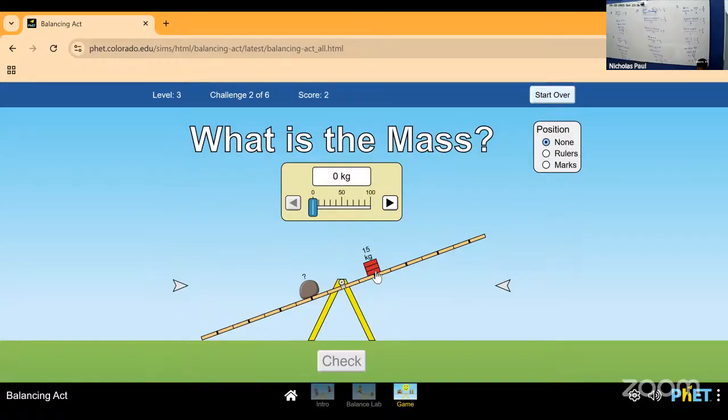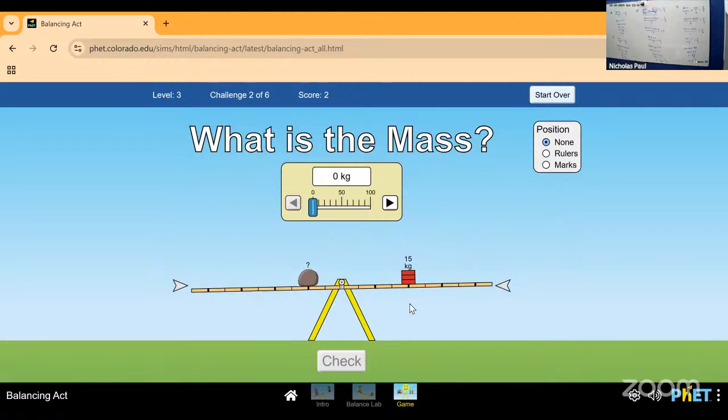So what to do, move it, right? I just have to move it a little bit. Let's see what happened there. So what's the mass? Since they're equal, what do you all think? It's level now. So what do you all think the mass is?